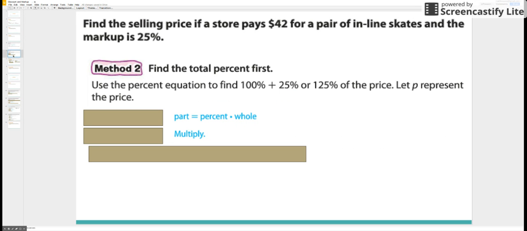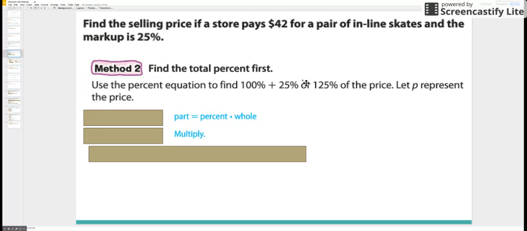All right, there's another way you could do this. You could find the total percent that you, the consumer, will be paying for it. So think about it like this. $42 represents 100% of the cost that the store paid for. Now, you are paying an additional 25%. So you are actually paying for 125% of this total cost.